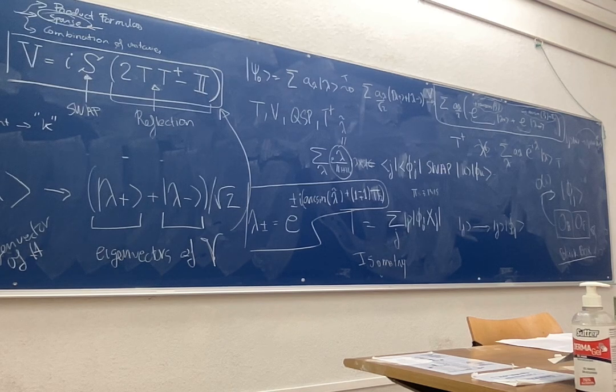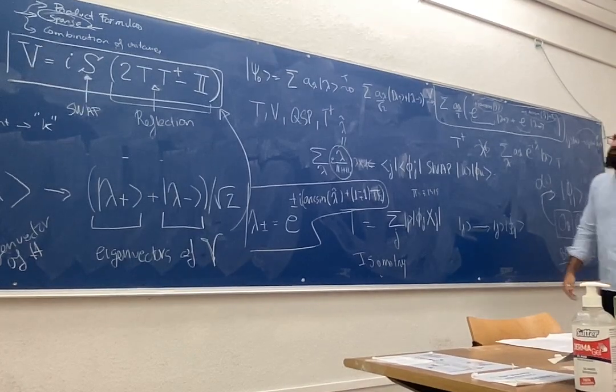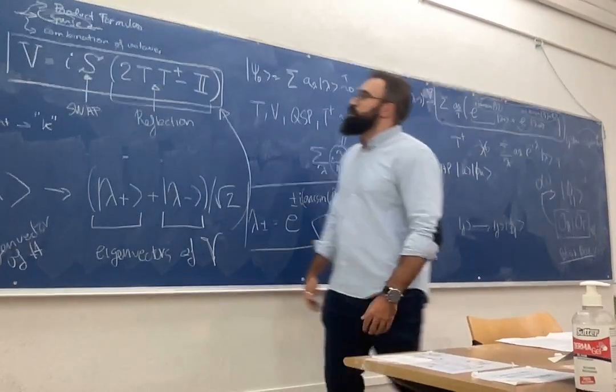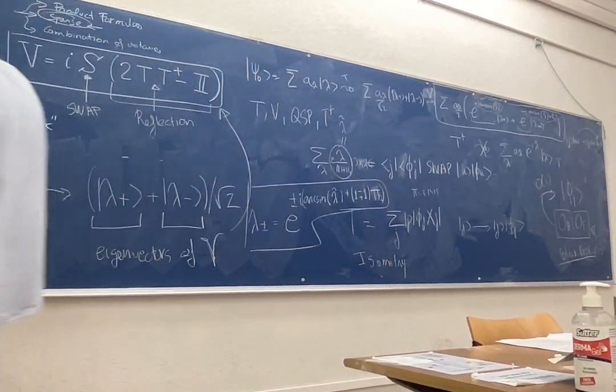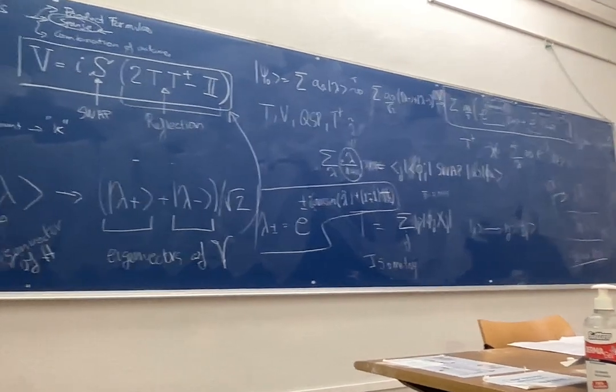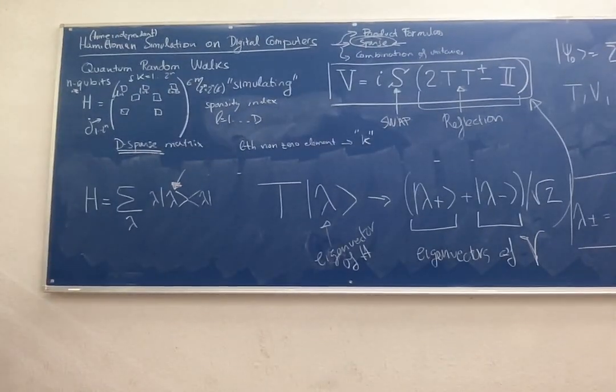And up to here, this is what I wanted to tell you today. The next part, how to transform phases, is called quantum signal processing. But the quantum random walk is basically this operator. I do not want to explain quantum random walks themselves. I want to explain how to use quantum random walks to generate Hamiltonian simulations.